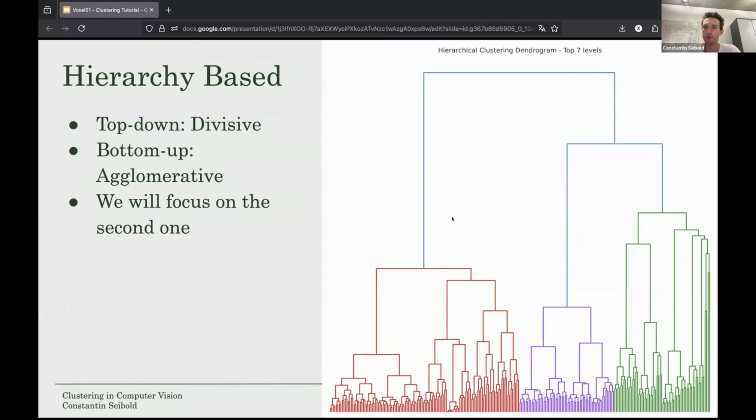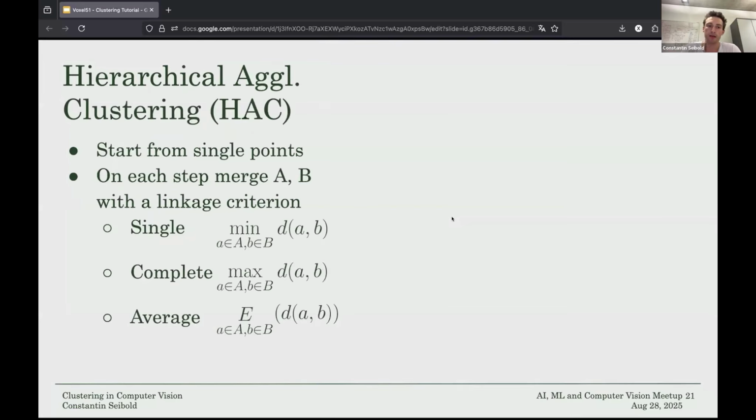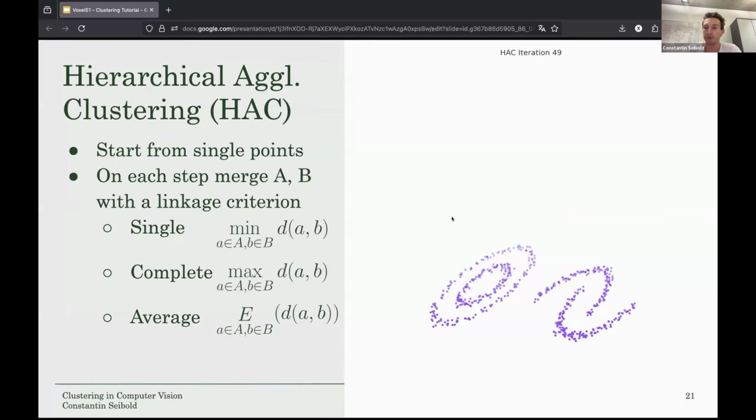So you end up with these types of dendrograms where you build up on your splitting or merging criteria, how you can individually merge or split these individual clusters. And there you have algorithms like hierarchical agglomerative clustering, where you start from a single point and then merge in each step based on a linkage criteria.